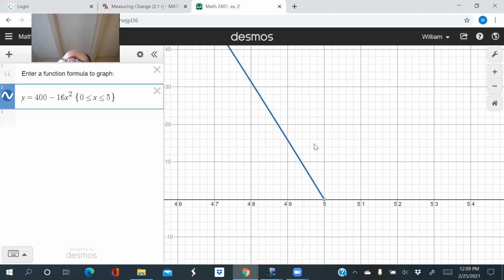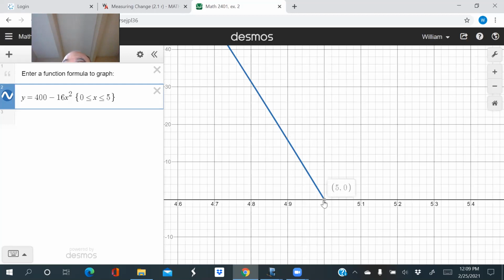I'll write that down also: 4.9 and 15.84. Now just calculate the slope between those 2 points. That would be the slope of the tangent line, and the slope of the tangent line is going to be our estimate for how fast the screwdriver was dropping after 5 seconds.